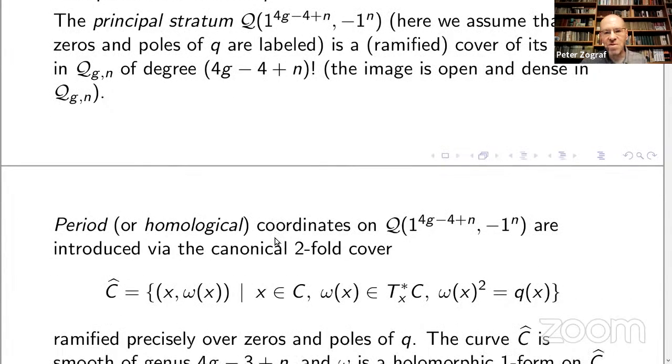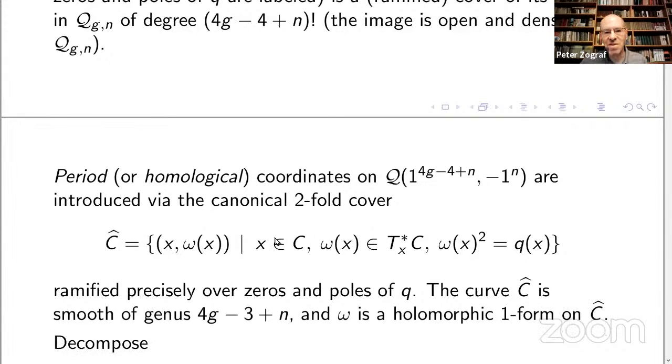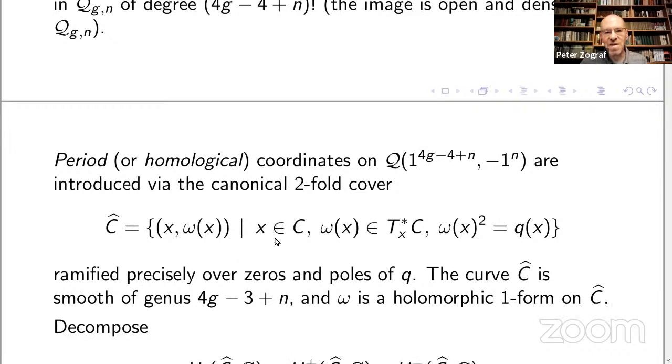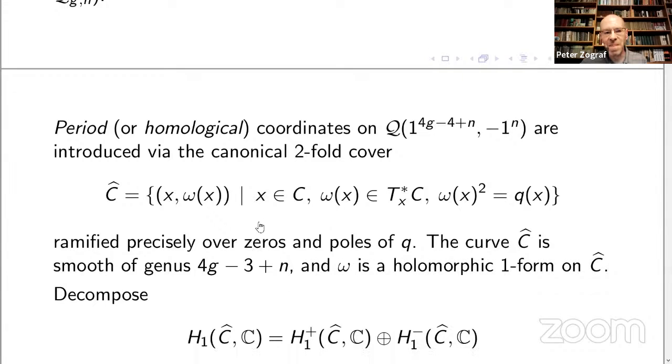We now want to introduce coordinates on the principal stratum in the moduli space of quadratic differentials. It is done via a canonical twofold cover, that is a curve C hat that lives in the cotangent bundle to C, where x is a point in C, and omega of x is a co-vector such that its square is the quadratic differential.